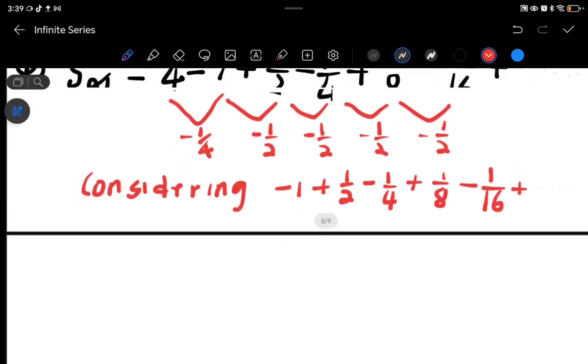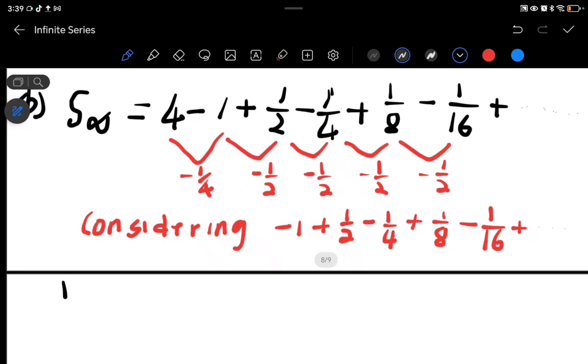And we know from that part, not really R, let's take the absolute value of R. The absolute value of R will be 1 over 2, which is less than 1. So this already converges. We know that it converges, right?